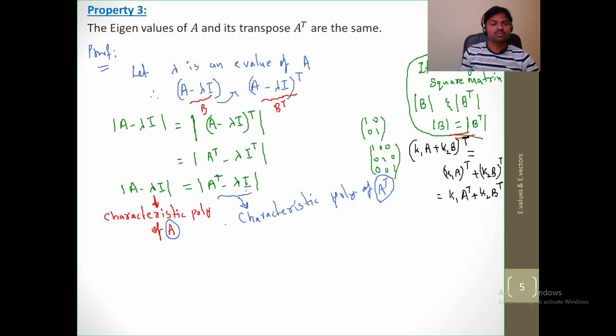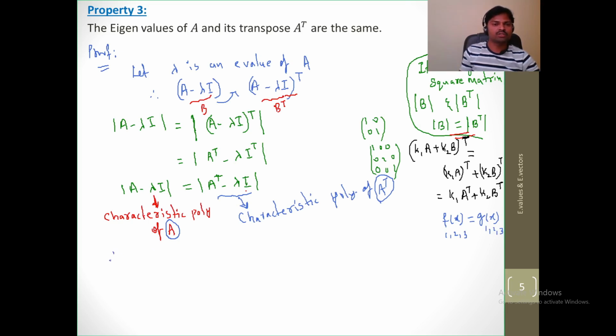Characteristic polynomials being the same means their roots are the same. See, f of x is one polynomial, equal to g of x. If both polynomials are the same, their roots are also the same. If 1, 2, 3 are the roots of f of x, then the same 1, 2, 3 will be the roots of g of x. Same as this, I am establishing here: the characteristic polynomial of A is equivalent to the characteristic polynomial of A transpose.